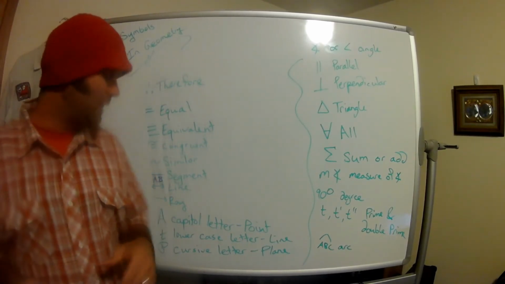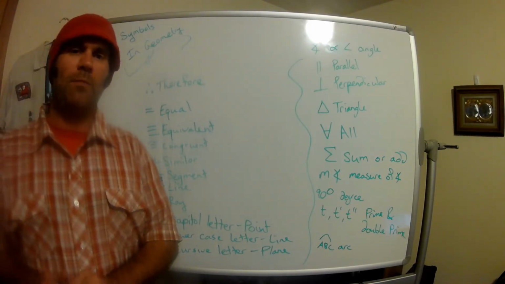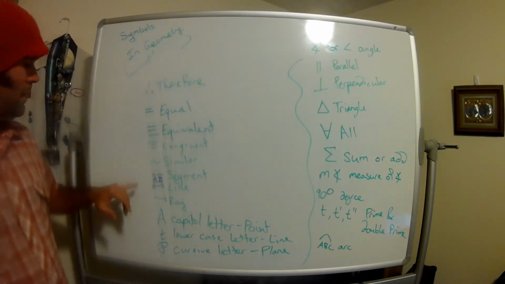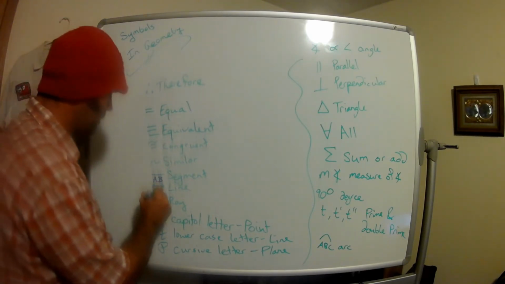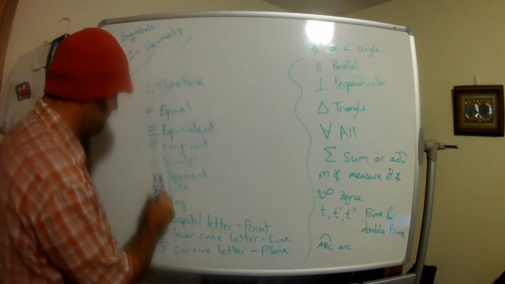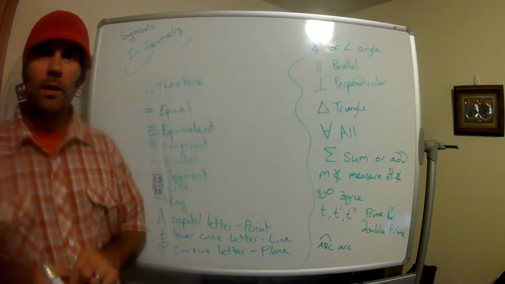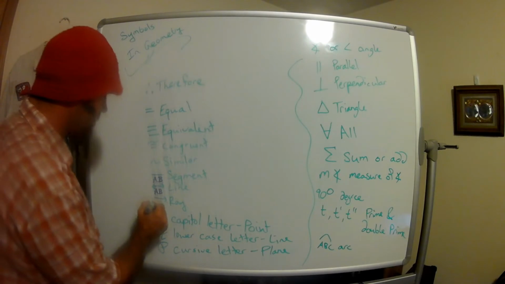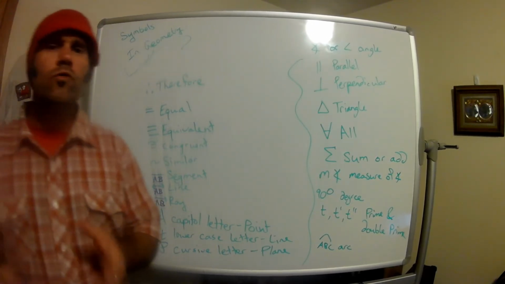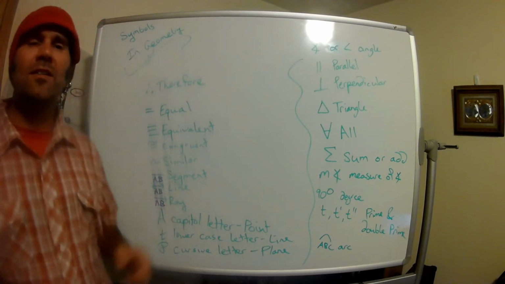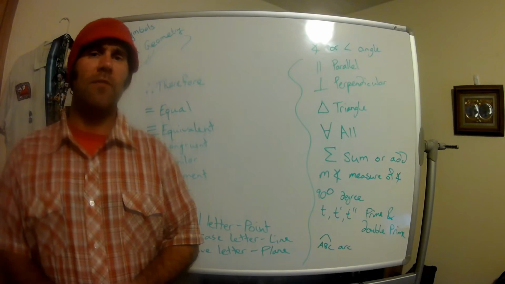So segment AB, the segment symbol is the line over AB, and then the line symbol again would be written over line AB, and that's the symbol for line. And then the next is ray AB, and ray, we usually make it so that the arrow is pointing to the right. It's rare that you see it pointing to the left, but you can do it.